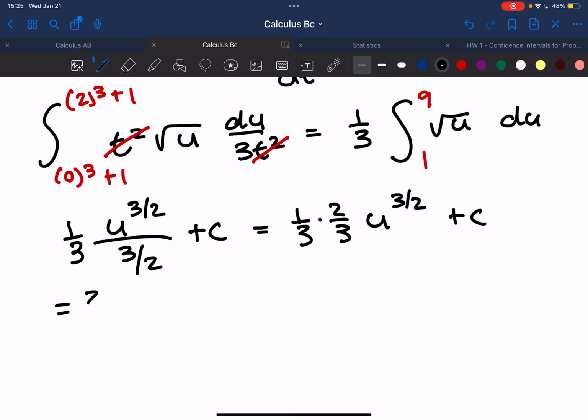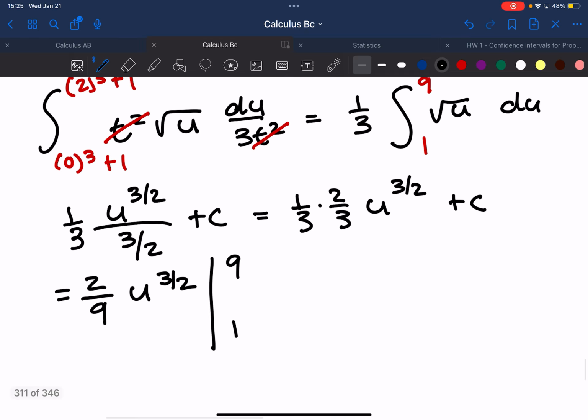So this becomes 2/9 u to the 3/2. And then since we have bounds, we technically no longer have plus c, but instead this is solved from 1 to 9. So this is equal to 2/9, and then I'm going to plug in the upper bound 9 for u, and then the lower bound 1 into u.